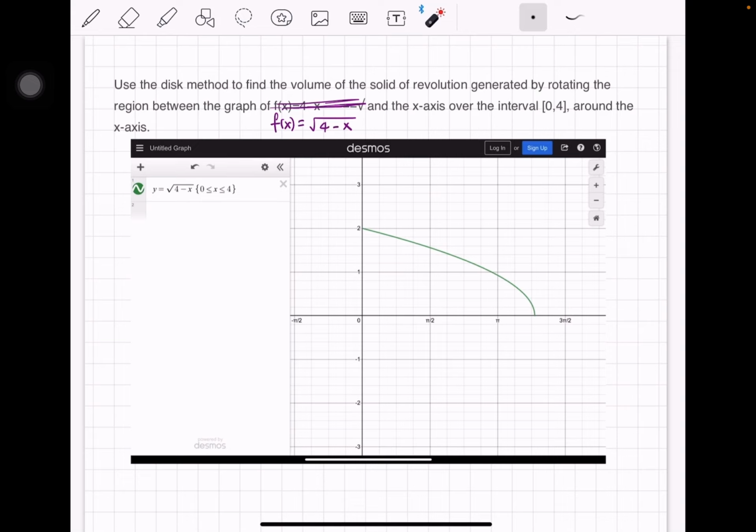Now let's look at another example where the function f of x is equal to the square root of 4 minus x. From Desmos, we can see the two-dimensional graph. We want an interval from 0 to 4, and that's why it's only this much.